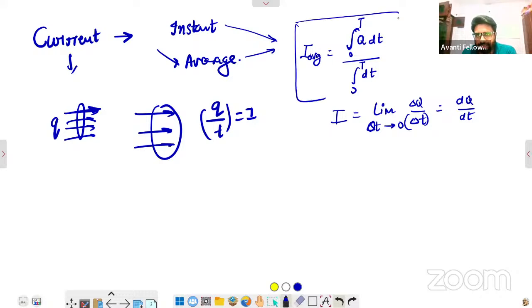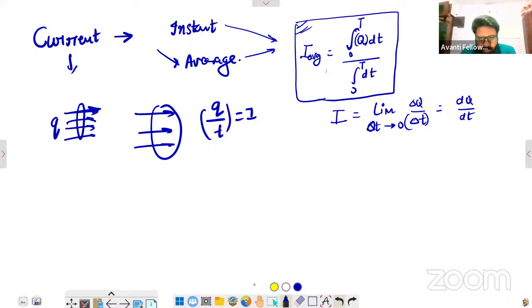You can also calculate the average current with that value. So there are two methods I have told you to calculate average current. First, you calculate the total charge flown divided by total time taken. Second, if charge is given as a function of time, or a variable charge is given to you, just integrate this charge and divide it by the time period. That also gives you the average value of current.